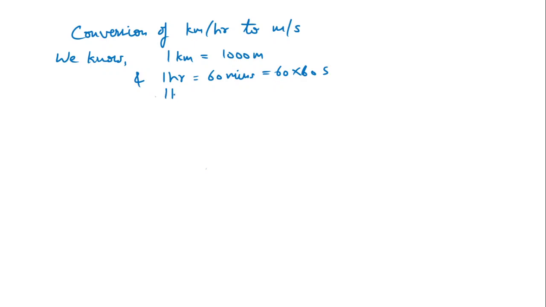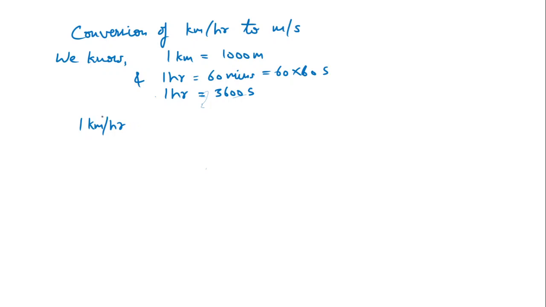So we have come to the point that 1 hour is equal to 3600 seconds. Now we want to convert the 1 kilometer per hour into meter per second.